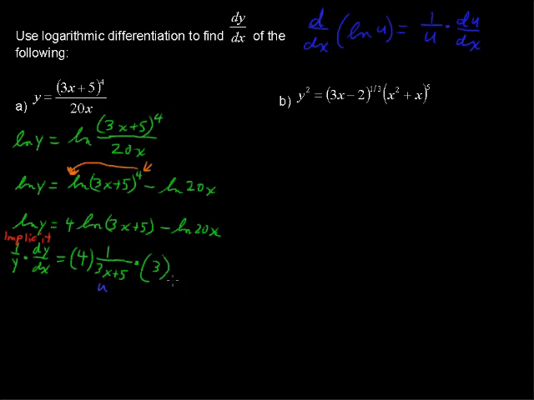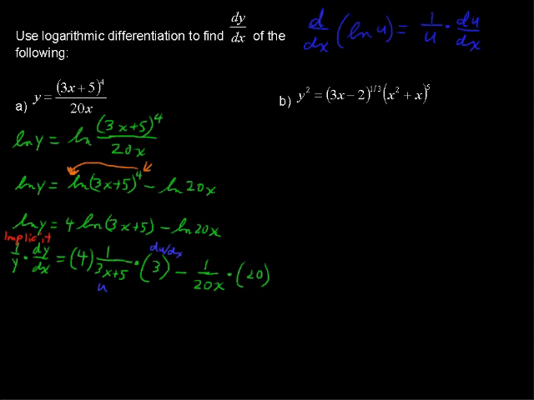I'll write that as a note also. This is the du dx. And I'm going to do the same thing over here with the minus natural log of 20x. So minus 1 over u, or the 20x, multiplied by the derivative of what's inside there. The derivative of 20x is just 20.